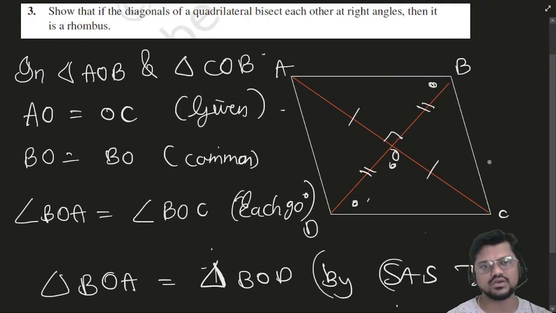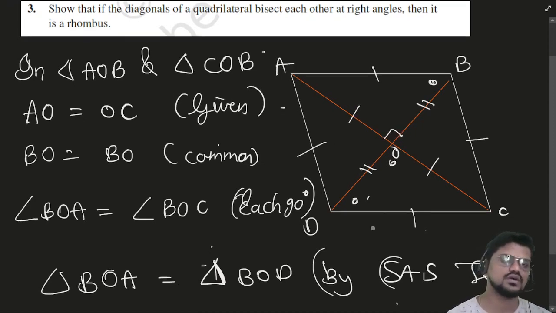Now, once the two triangles are congruent, AB is equal to BC. AB is already equal to DC, so all sides are equal, and therefore it is a rhombus.